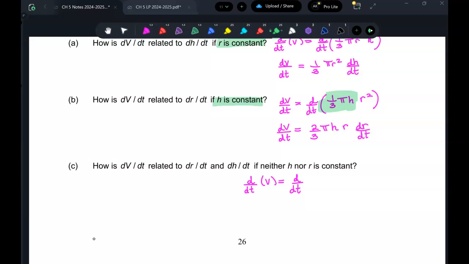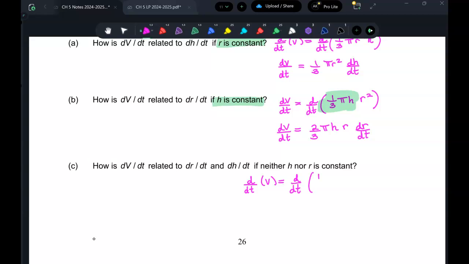Now all of a sudden, I have to do a u times v situation because this is variable and this is variable. But what I'm saying here is h is just some number. We don't know what it is, so we would do the derivative treating that as if it were just a regular number. H could be 3. So we treat it like we would treat a pi.